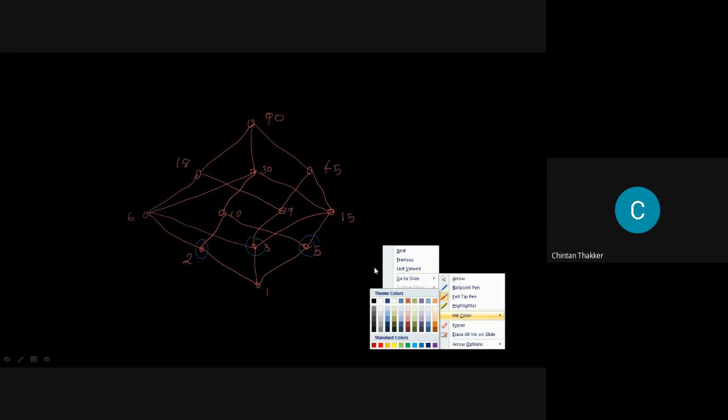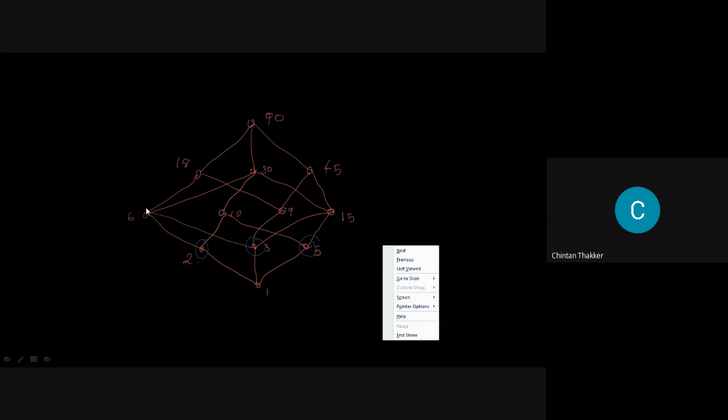Then at 6 we have 2 lines, but at 9 we have only 1, so 9 is also.